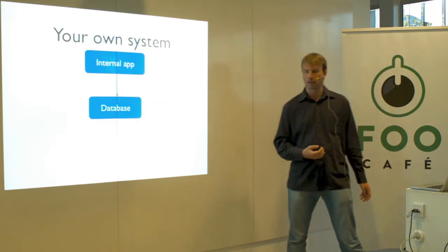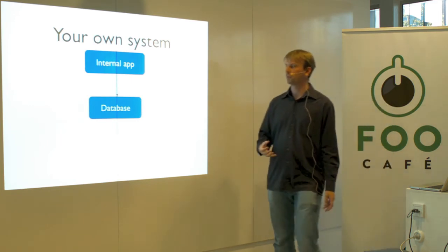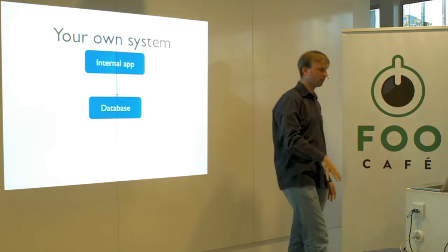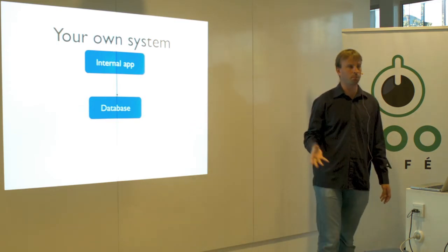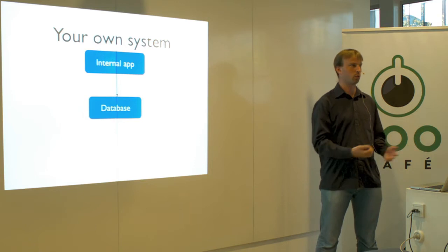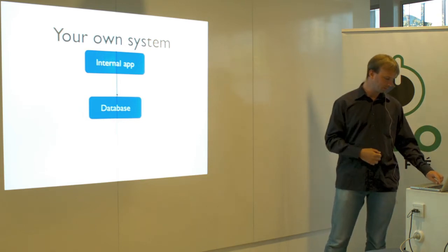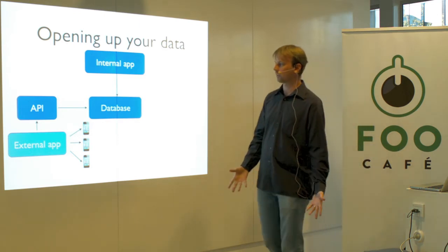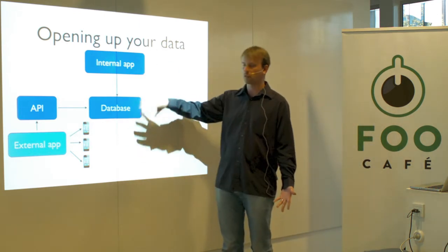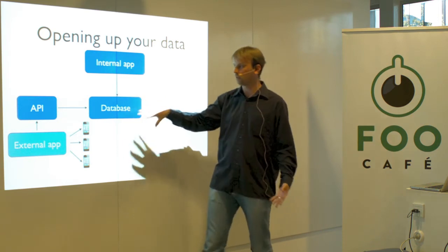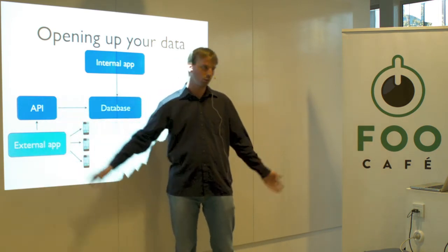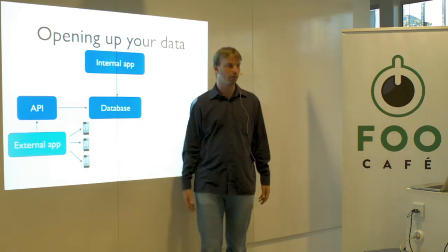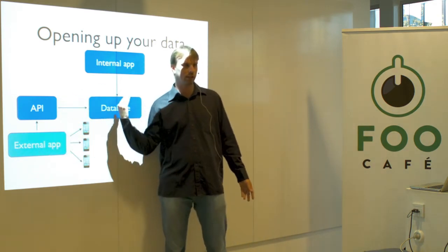So this would be the basic situation, that you have your internal database, and you have your internal application, and it's providing business value for you, and you want to somehow share parts of that database with the rest of the world as open data. The scenario that I described looks something like this: you keep your database and your internal application intact, and you add some kind of API, a SOAP web service, a REST API, or some other way of accessing the data.